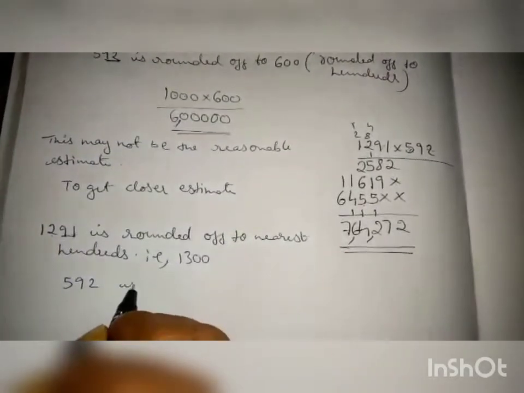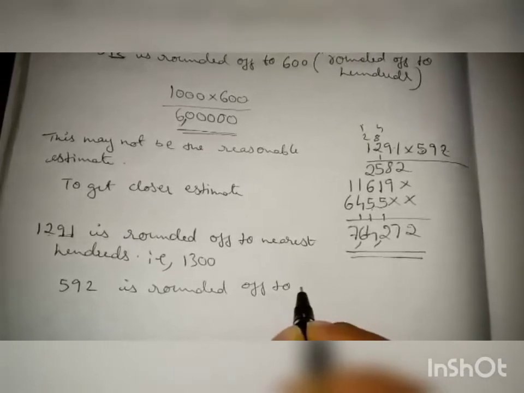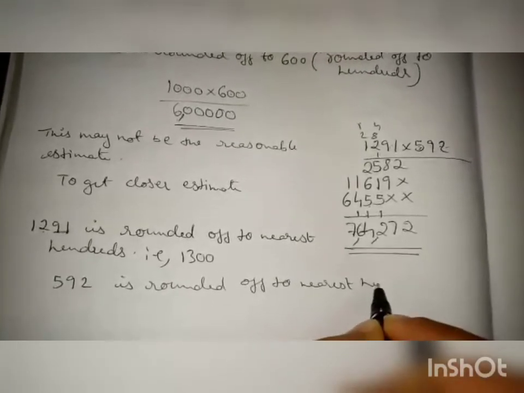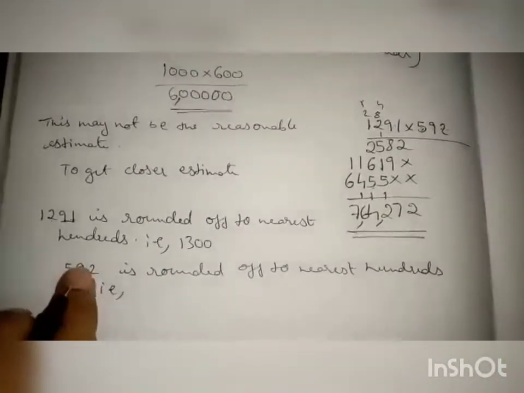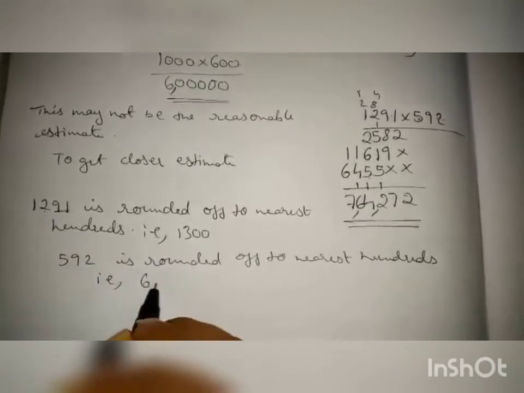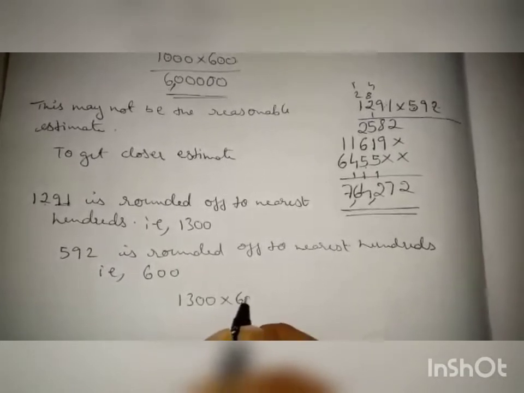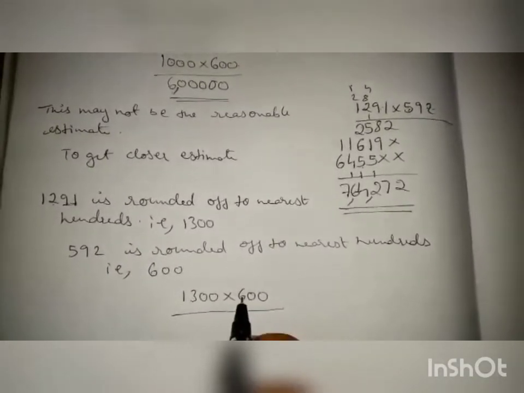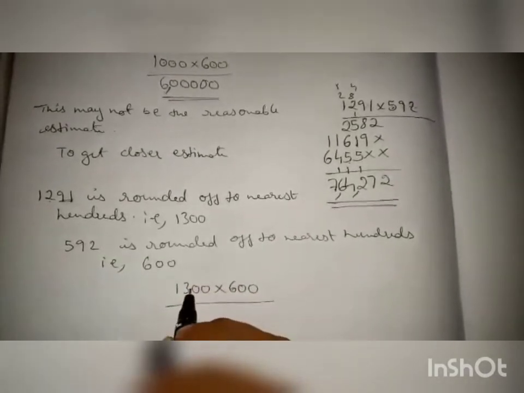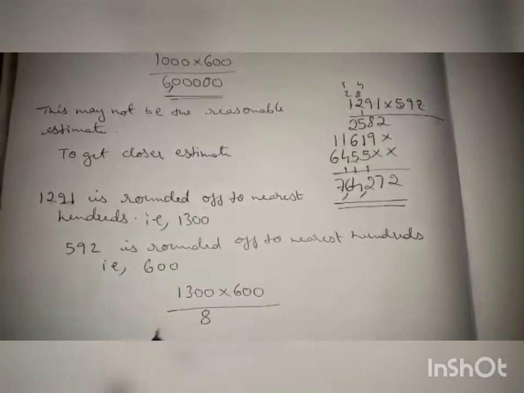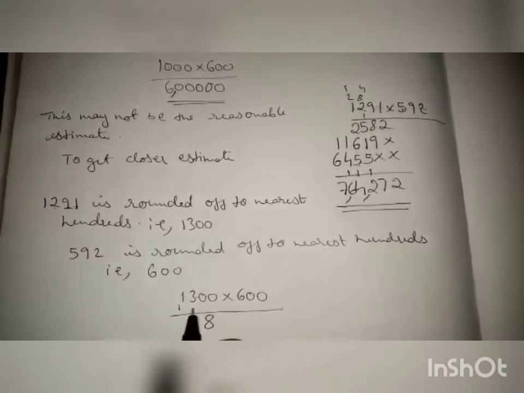592 is rounded off to the nearest hundreds. When you round off to 100, you will get 600. Now find the product. So 1300 into 600. Ignore these zeros, we'll start with this. 6 3s are 18, 8 here, 1 carry. 6 1s are 6, 6 plus 1, 7.